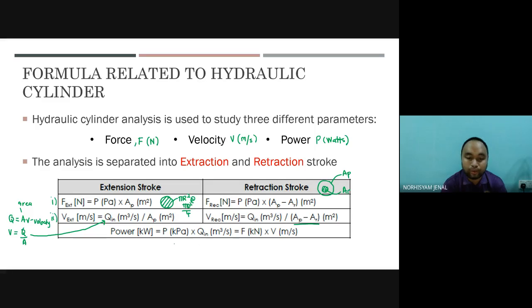Or power can also be, this is P times Q, can also be F times V. Alright, so two different calculations, but they represent the same value. Okay, so it depends which parameters are available for you. So that will be the parameter that is used to find power.